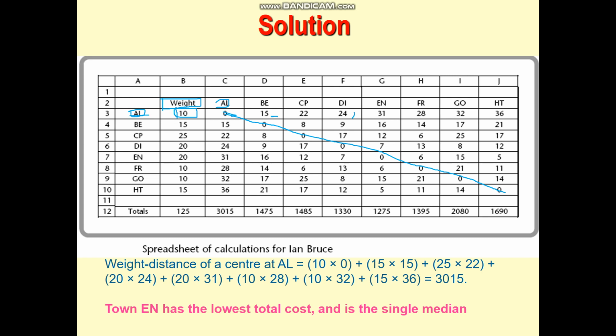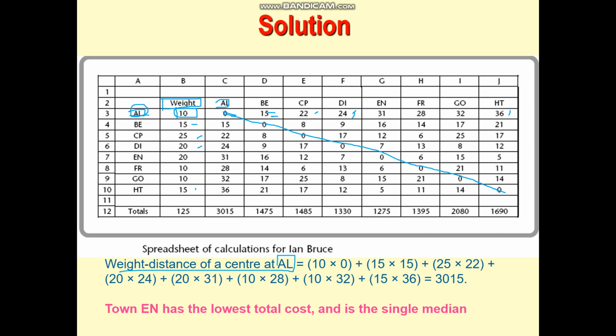For AL, we will have 0 times 10, plus 15 times 15, then 22 times 25, BI 24 times 20, so on and so forth, until HT 36 times 15. Then you take the sum of all the weighted distances. So you can calculate the weighted distance value of a center at AL.